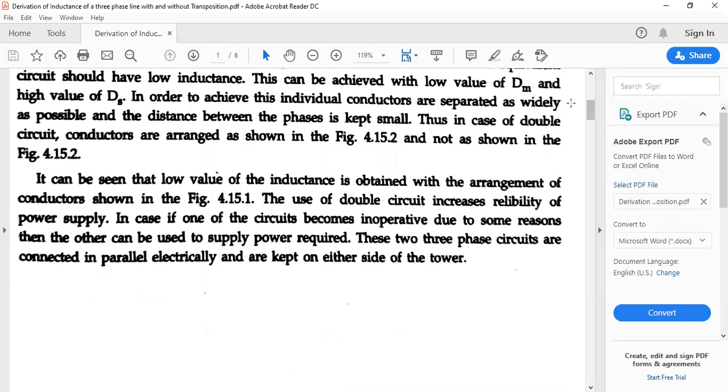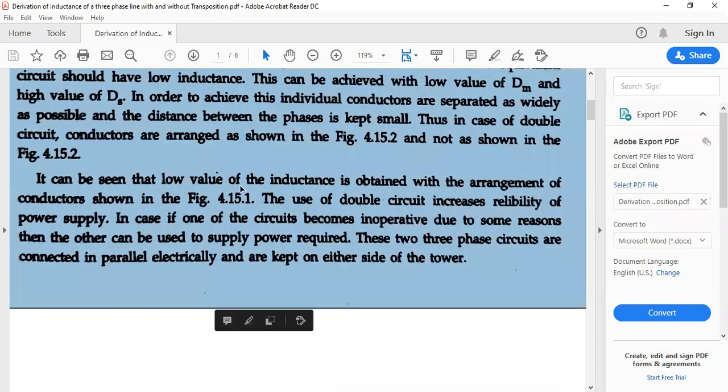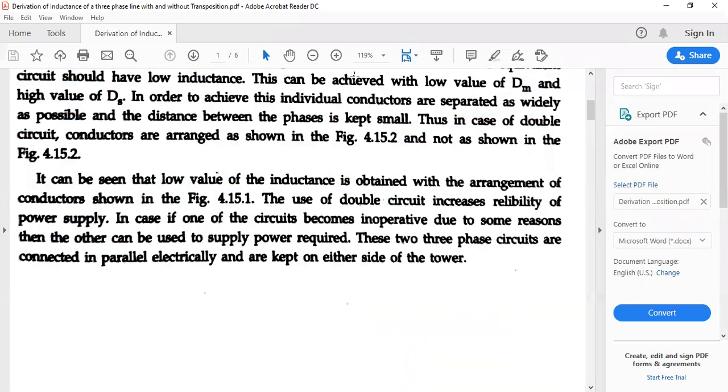The main aim is to find the lower value of inductance with the arrangement shown in the first figure. The use of a double circuit line also increases the reliability of the power supply in case one of the circuits becomes inoperative for some reason. So why do we go for double circuit lines?